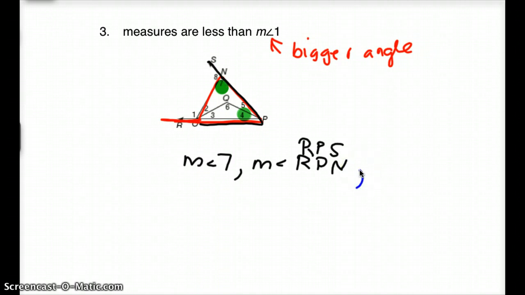Now, since 5 and 4 are part of that, they are also going to be smaller than 1. So I'm going to write angle 4 and angle 5. Now, if people are looking at other ones and thinking, well, that's inside, but that's not part of that red triangle. I need 1 to be an exterior angle. So this is the only triangle I can work with right now. That might be going through some people's minds at this point.